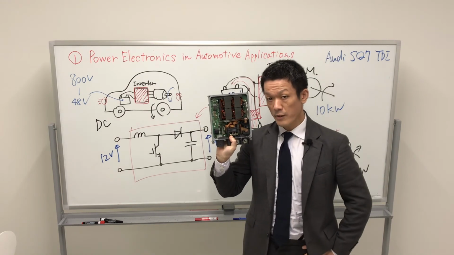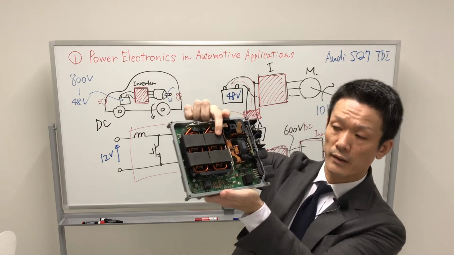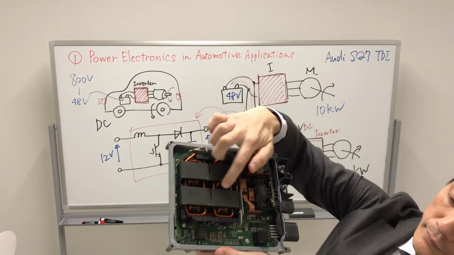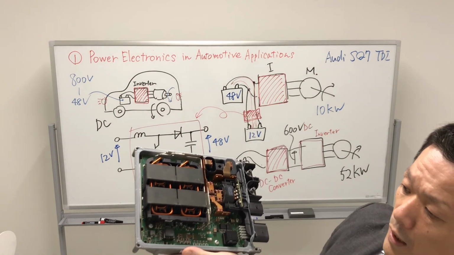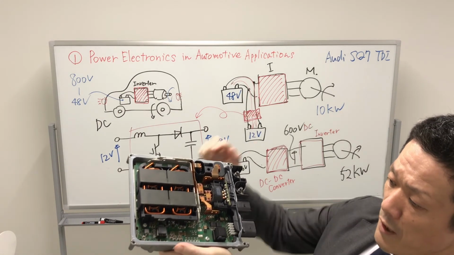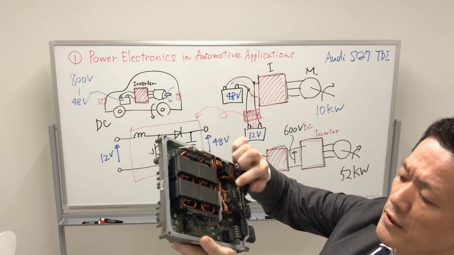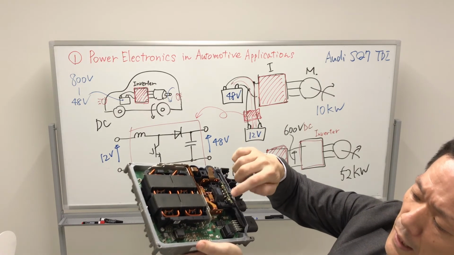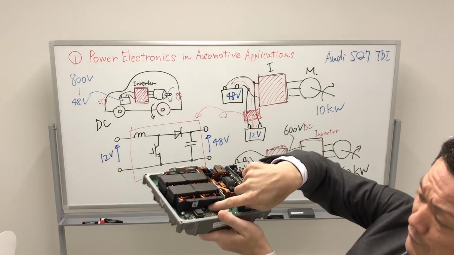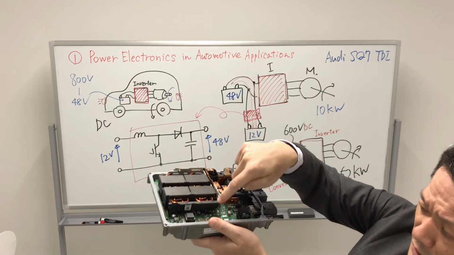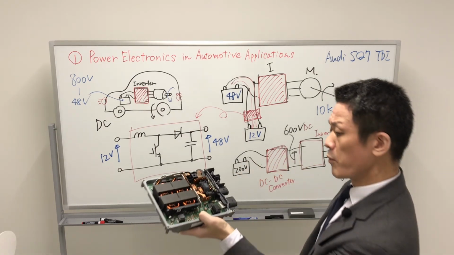This power electronic system is composed of the inductor and capacitors, multi-layer ceramic capacitors, which are TDK's product, a Japanese company. A power semiconductor device is located under this inductor, on the lower side. It's mounted to the PCB board.